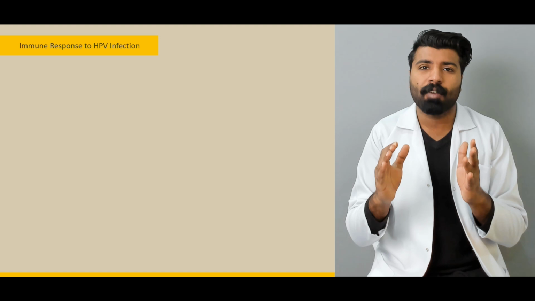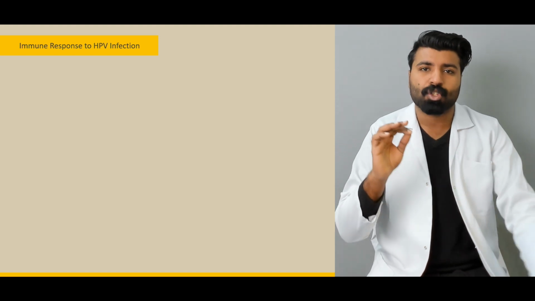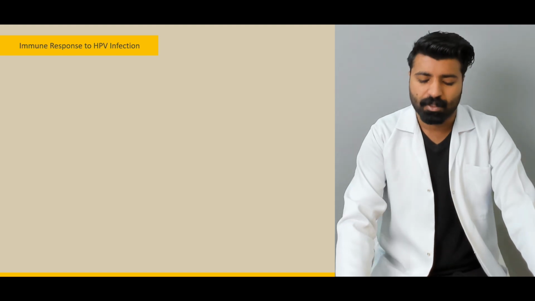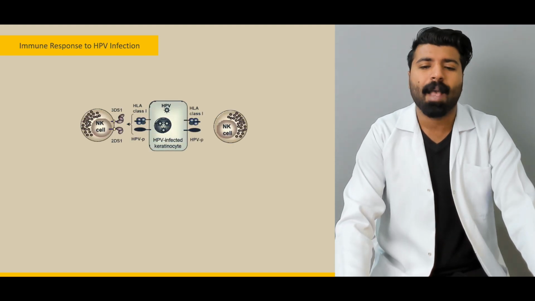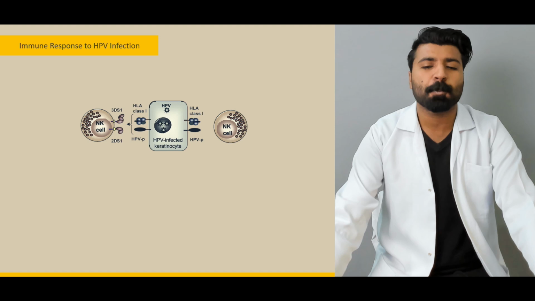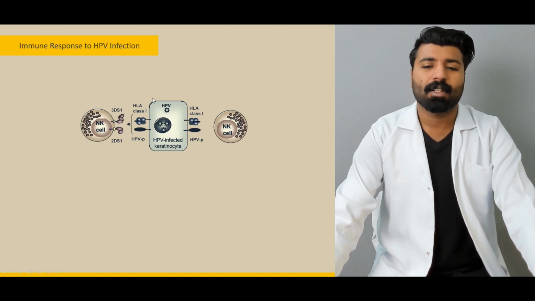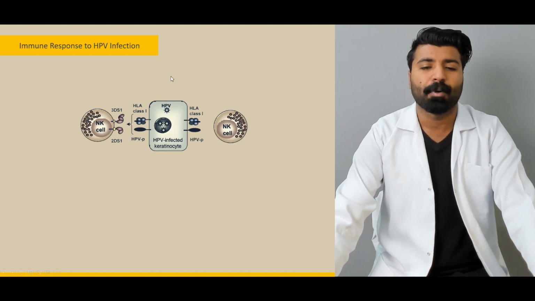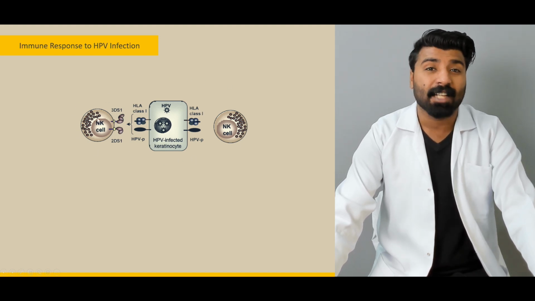So to learn all of that, we have to know which immune responses are responsible in HPV infection. What happens is that we have this HPV infected keratinocyte. This HPV infected keratinocyte is attached to HLA class 1, HPV-P, all these proteins are here, and it is attacked by what?